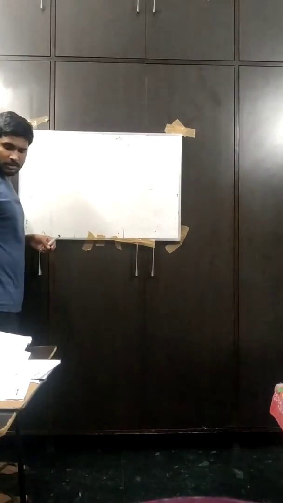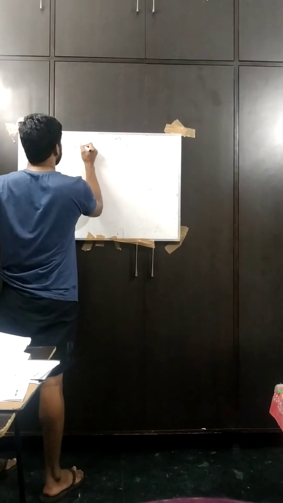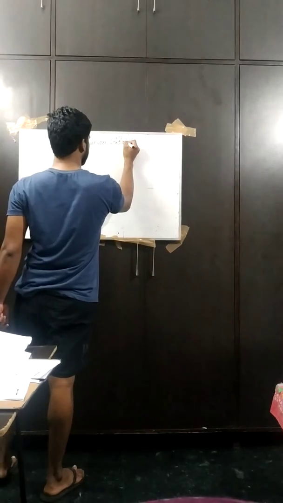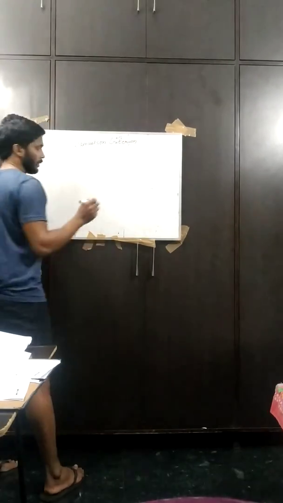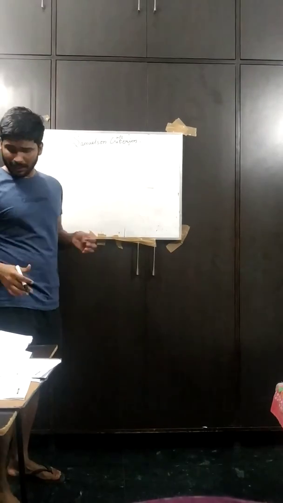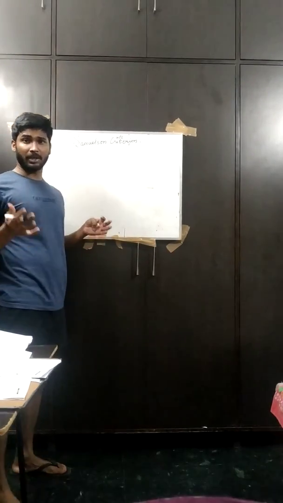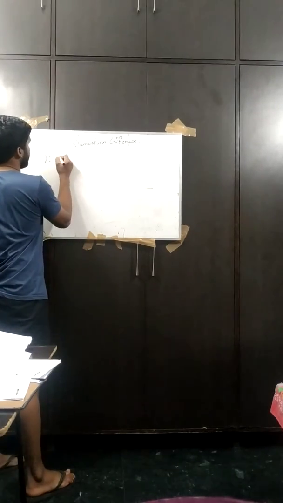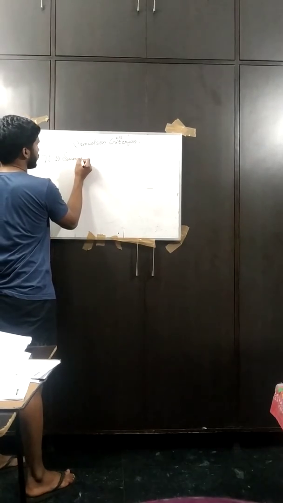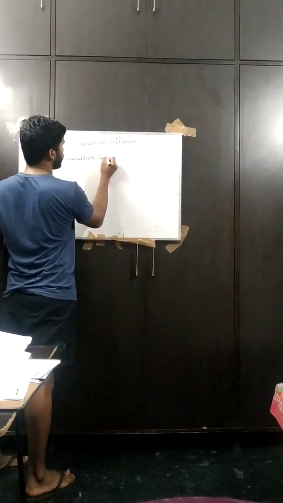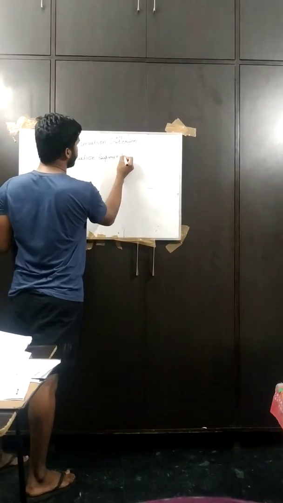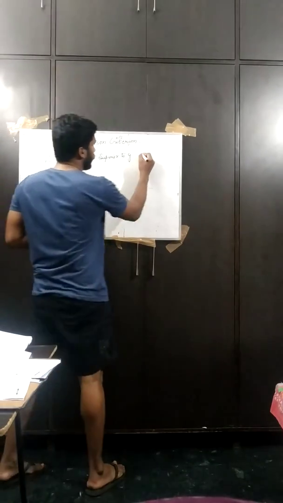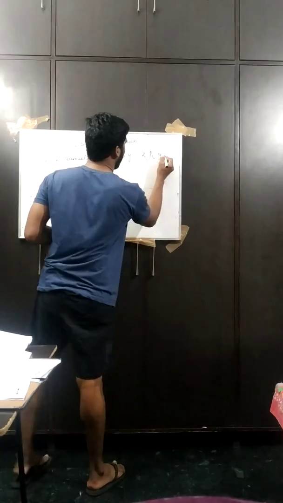Now we move to the Samuelson criterion. The Samuelson criterion formally says that x is Samuelson superior to y, which we shall write x and y.